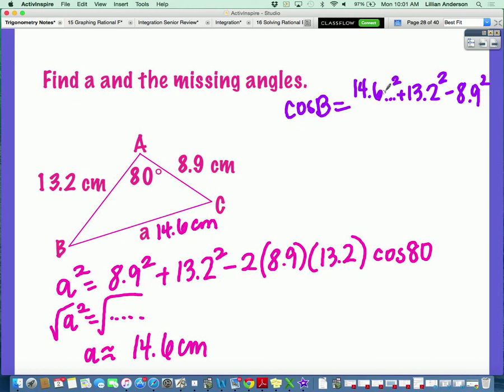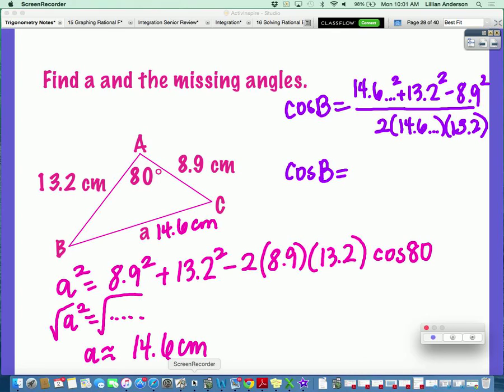The side across from the angle we're trying to find is the side that gets subtracted. Does everybody see that? Then we divide it by 2 times A times C. Whatever number you get, once you type all that into your calculator, before you take the cosine inverse, should be a number that is less than 1. If you get a number that's bigger than 1, you messed up.